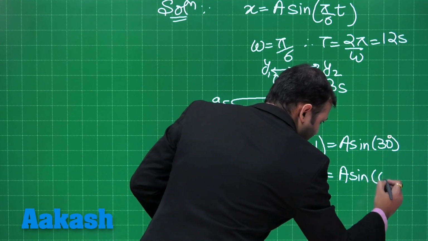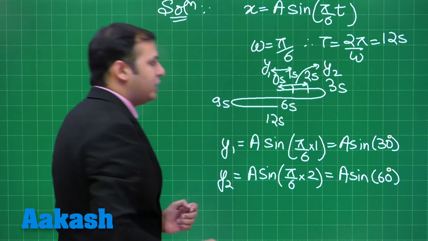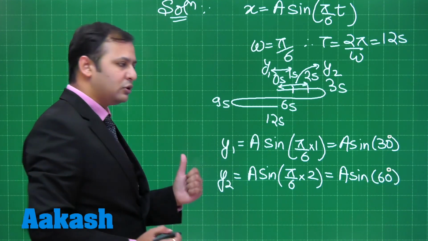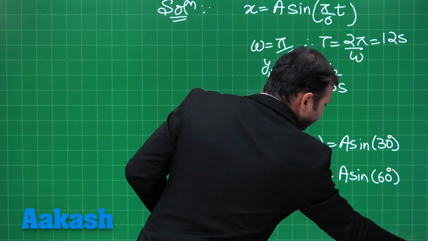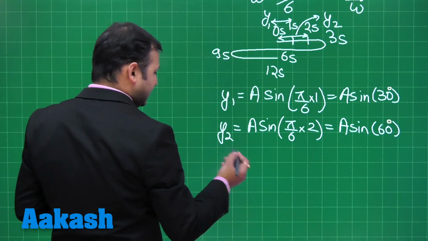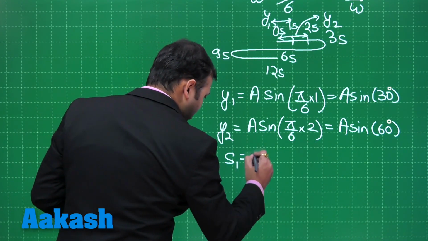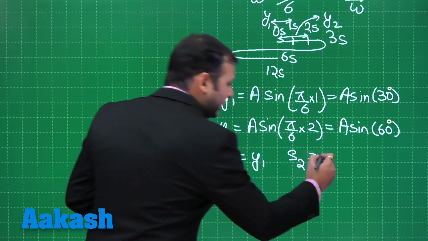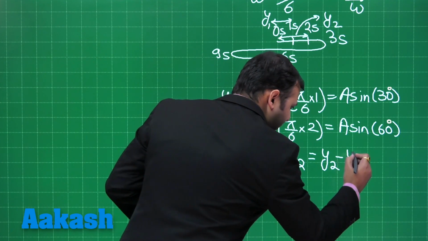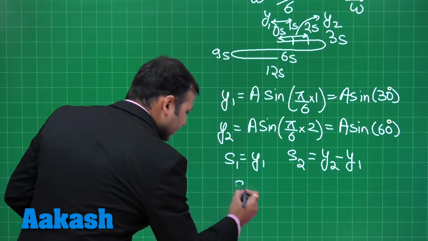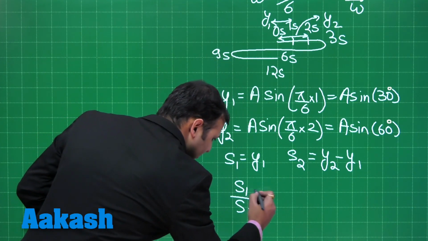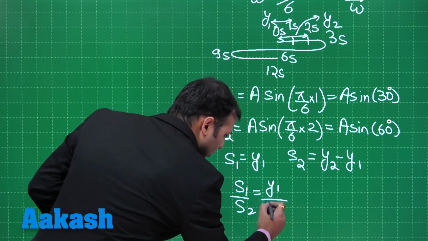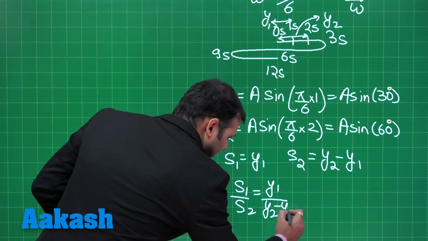Now remember, y1 and y2 are the positions of the particle from the mean position. If you want to find the distance traveled in the first second, S1 would be equal to y1, and S2, the distance traveled in the second second, would be y2 minus y1, right? Simply S1 upon S2 will be written as y1 upon y2 minus y1.